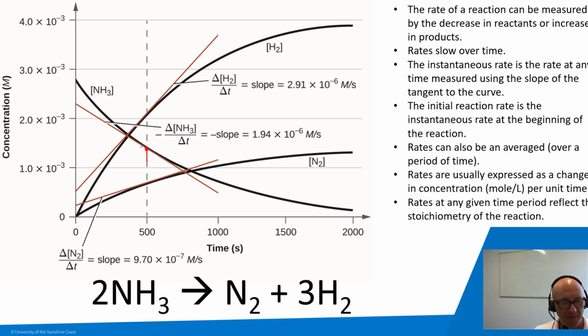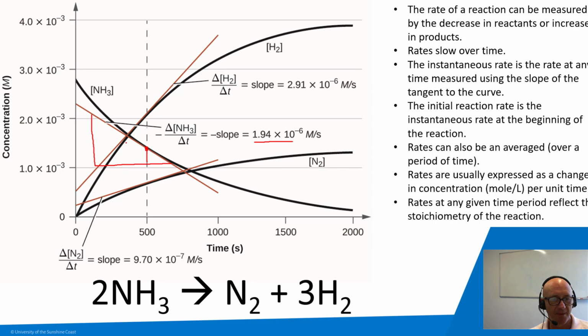And then what they've done is they found the slope of the line. Now the slope is this bit here, and it's rise over run. But because the ammonia concentration's going down, they've said, well, okay, it's a decrease, and so therefore we're going to make it negative here. So they've found that the rate at which the ammonia is decomposing is 1.94 by 10 to the minus 6 molar per second.